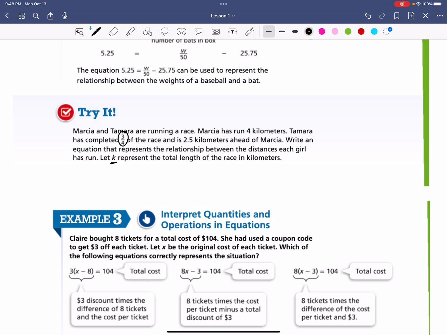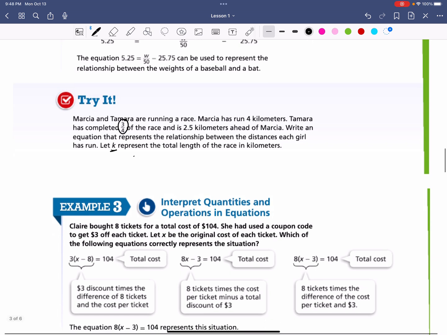So, Tamara has done 3/4 of K. Remember, of means to multiply, so times K. And we need this to equal 4, because we need it to equal how much Marcia's run, because we're trying to see the distance. So the difference. If we're doing difference, we need to subtract the 2.5 that she's ahead.